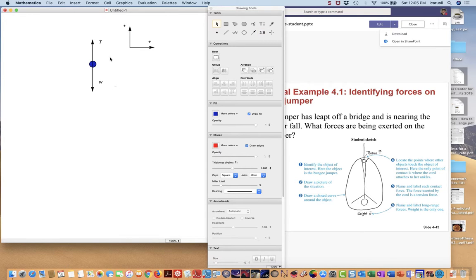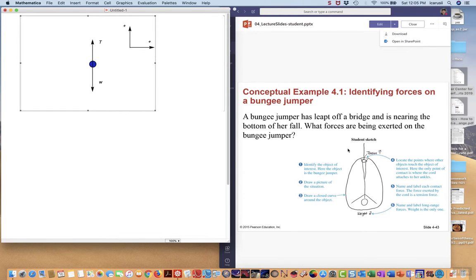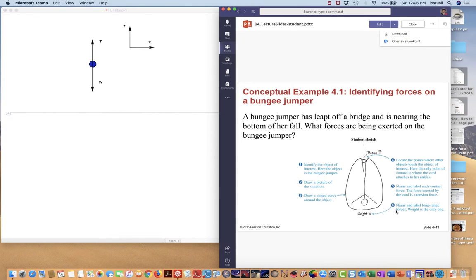And what I want to remind you of is this is the graphical representation of Newton's first or second law. Now, let's assume for the moment that the bungee jumper is falling so that they're actually heading downward. So my question is, which way is the acceleration?